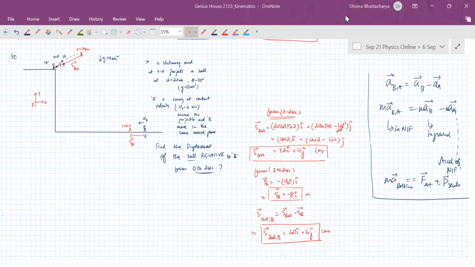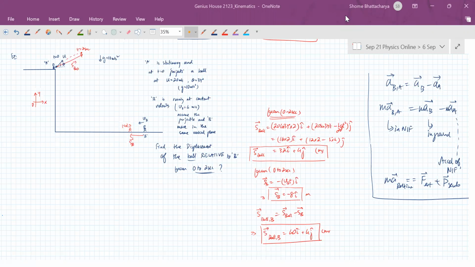Sir, I used that only to solve this question. Pseudo force, everything. Okay, you can do that. Nice. You can rederive the equation of the projectile using pseudo force. But see, here there is no pseudo force because you're assuming B is moving at uniform velocity. No, sir, not pseudo force. Sir, I just took it as pseudo displacement. So for the man, the ball is basically moving, so that's relative displacement only.